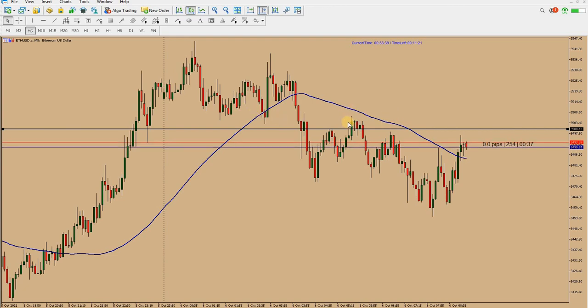I find the pattern on the past, and that pattern actually merged with the resistance here, and market is going to touch here.